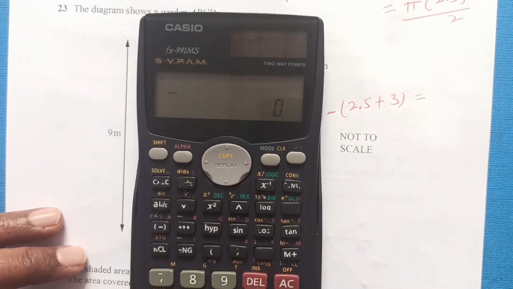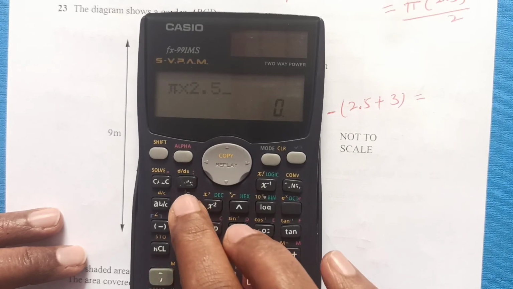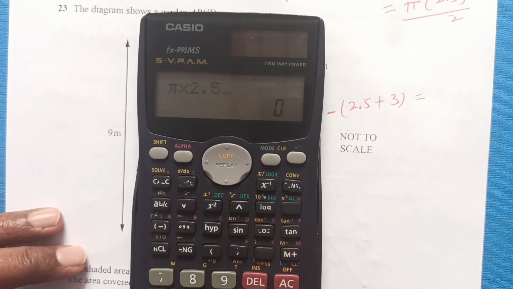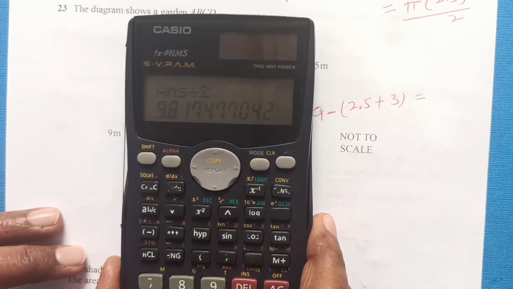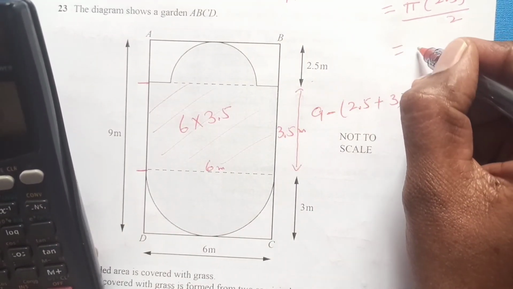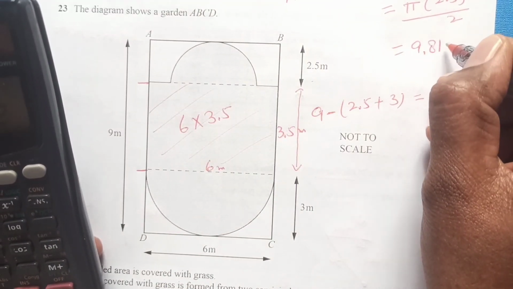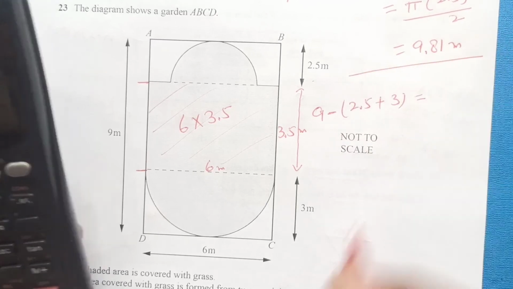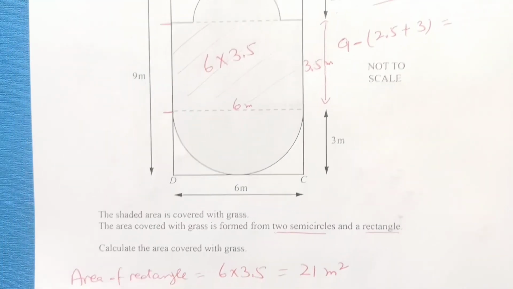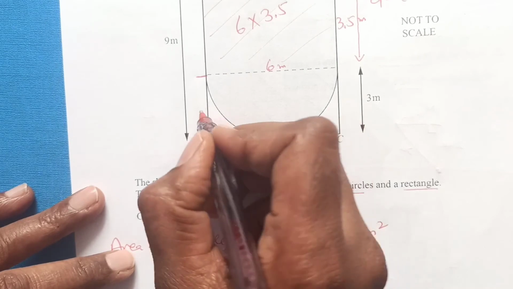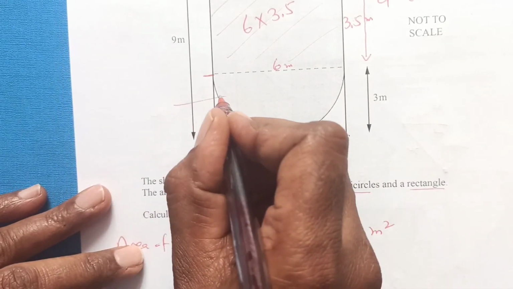So we have shift pi times 2.5 times 2.5 divided by 2. So we got 9.81 meter squared, right? So we have this one for the area of the smaller semicircle. Now we need to calculate the area of this one here.